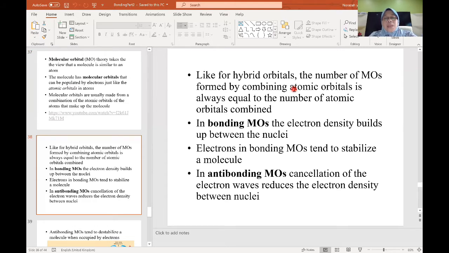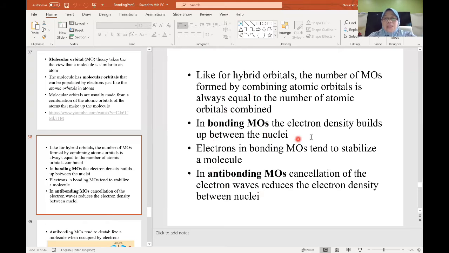One is bonding molecular orbitals. The other one is anti-bonding molecular orbitals. So keep in mind that you have two types of molecular orbitals, bonding and anti-bonding.